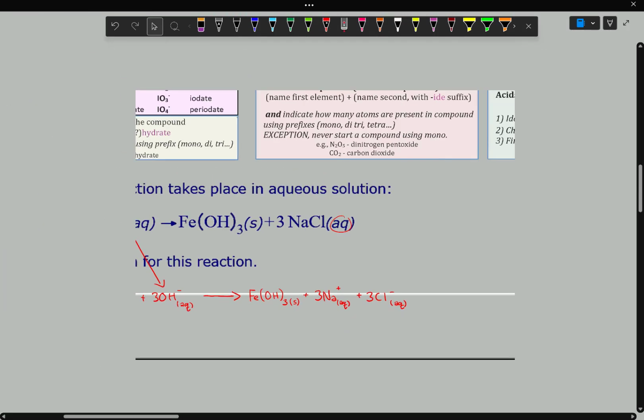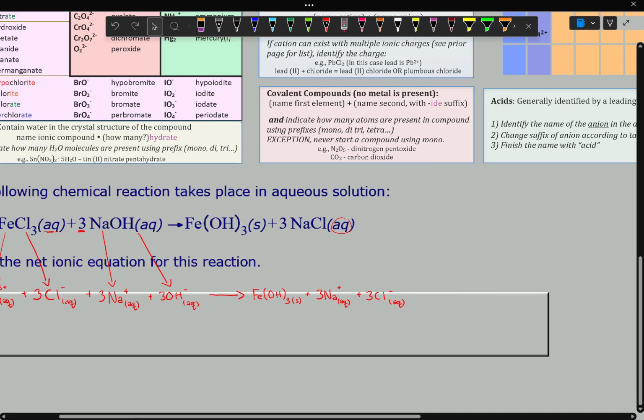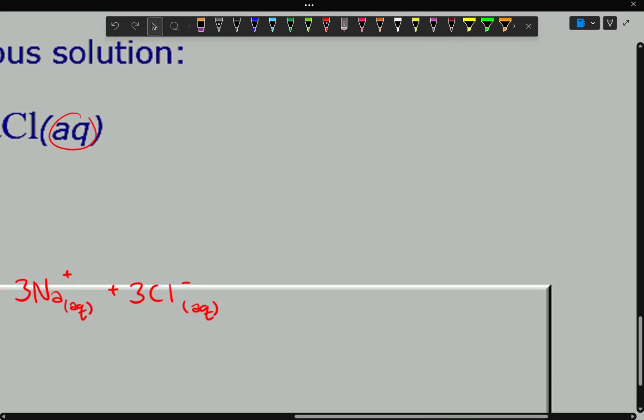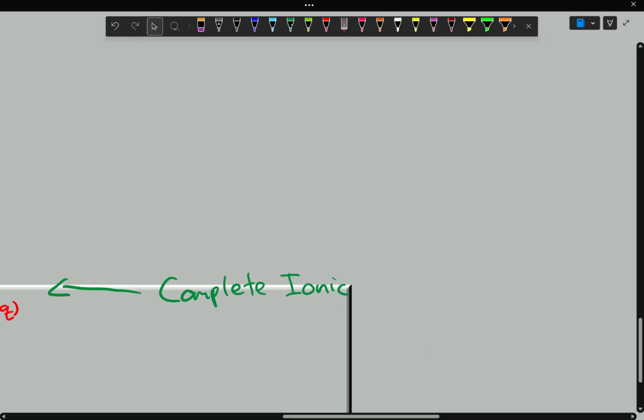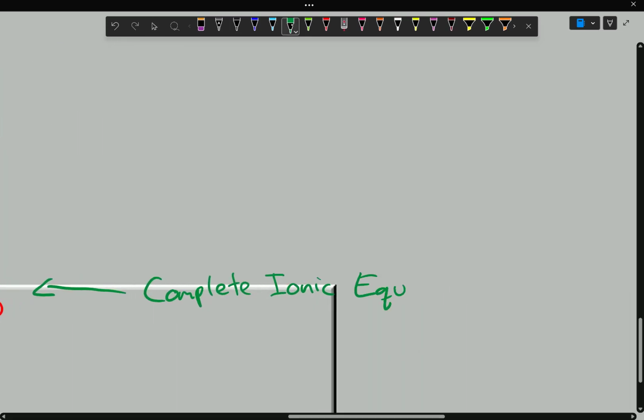So what we have here is called the complete ionic equation.